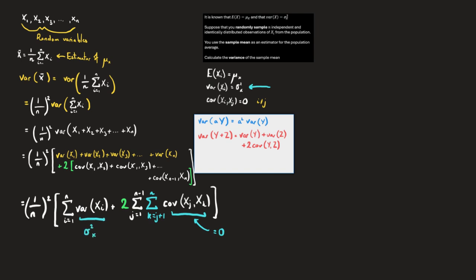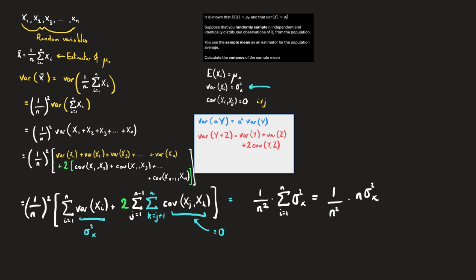So we can rewrite this whole thing as being equal to 1 over n all squared, but that's the same as 1 over n squared, times the sum from i equal to 1 to n of sigma squared x. But this term is just sigma squared plus sigma squared plus sigma squared n times, so again we can rewrite this as being equal to 1 over n squared times n lots of sigma squared x.